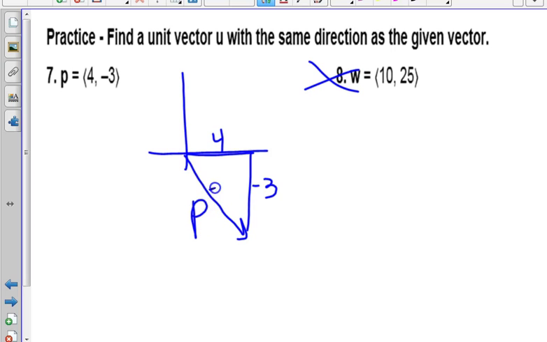So if P is 5, what they're saying is if we wanted to reduce this down so this was 1 unit long, kind of like putting it on our unit circle, okay, then we'd have to divide everything here by 5, and it would go over how much? 4/5 and down 3/5. So it'd be 4/5, 3/5, and 1, 5/5. All right, we're not going to do 8 because I didn't put it on the quiz.